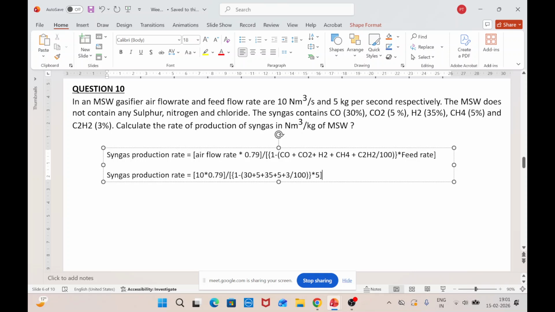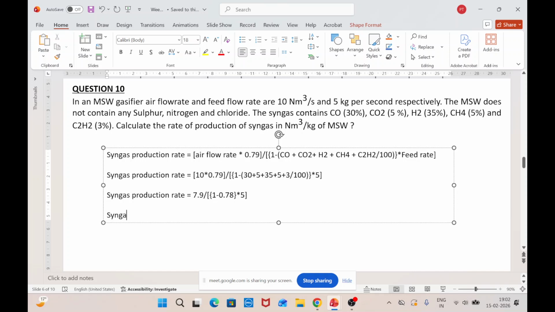So 5. Now the syngas production rate is nothing but 10 times 0.79, which is 7.9, by 1 minus 35, 78 by 100 is 0.78, times 5.